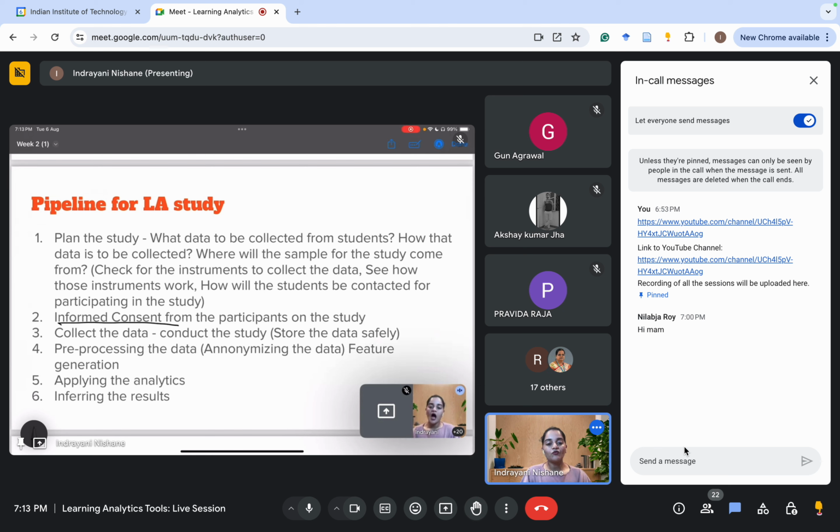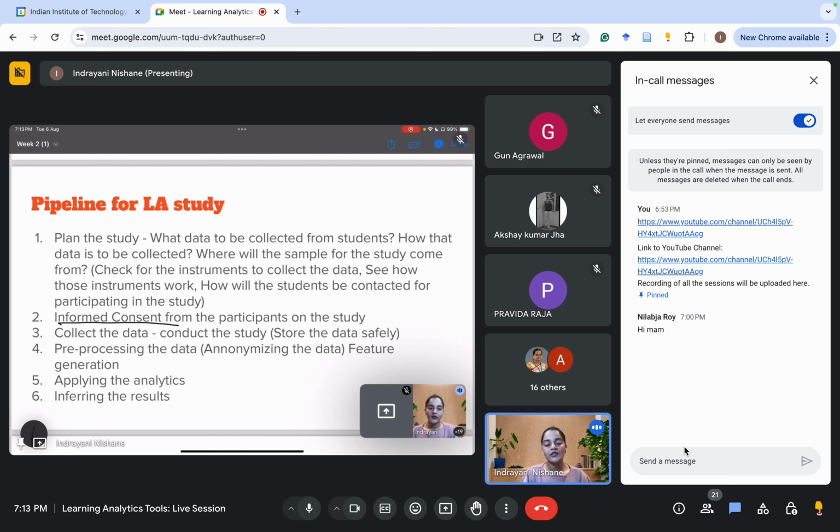And what to do for minors? It is okay that students themselves can decide whether they want to be part of the study, when they want to leave the study, or when they want to complete the participation. But in the case of all the school kids, K-12, kindergarten to standard 12 students, what about them? When they are minors, we need to take consent from their parents, their legal guardians.